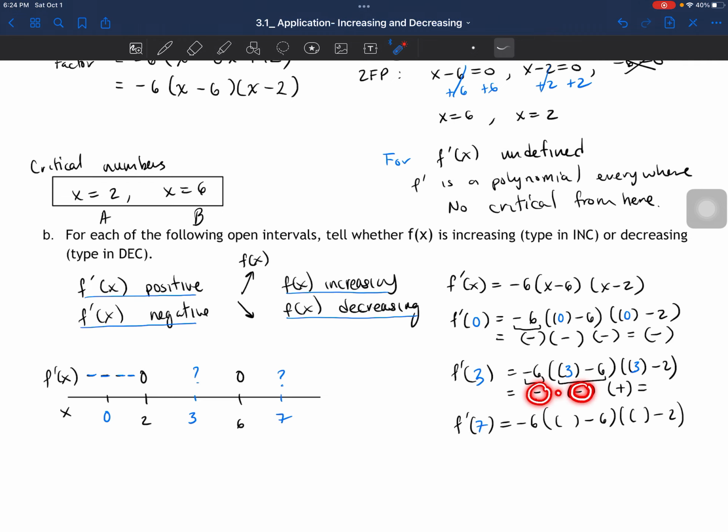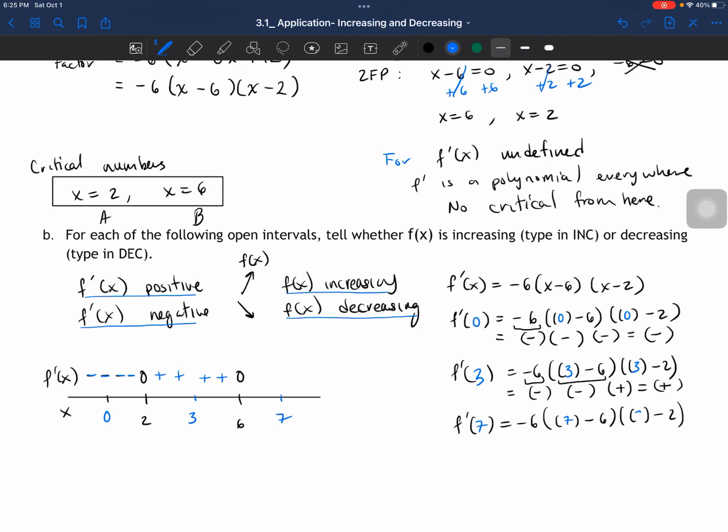So we have a negative times a negative turns out to be a positive. So far, this whole thing is a positive times a positive, which turns into a positive. So here would be positive, positive, positive. Let's continue with the next one.